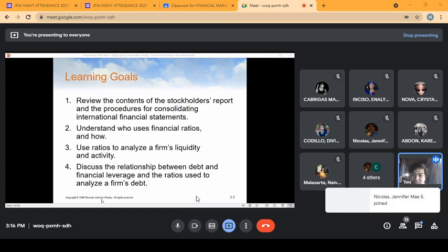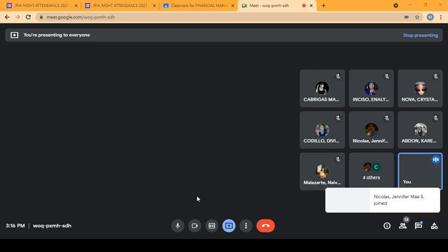Another learning goal that we will discuss is the relationship between debt, the liability, and financial leverage. We will discuss what financial leverage is and the ratios used to analyze a firm's debt, on analyzing the debt, the liability, of the company.